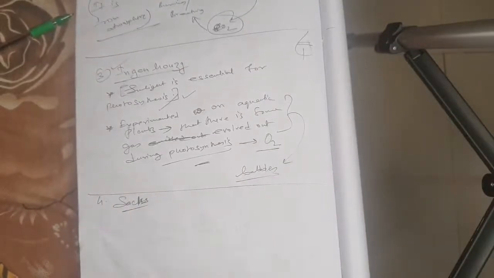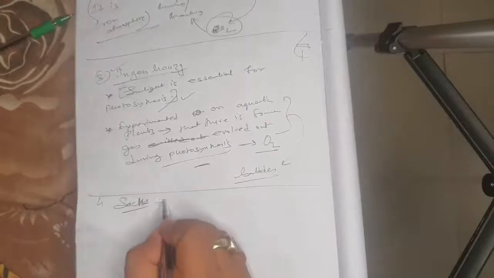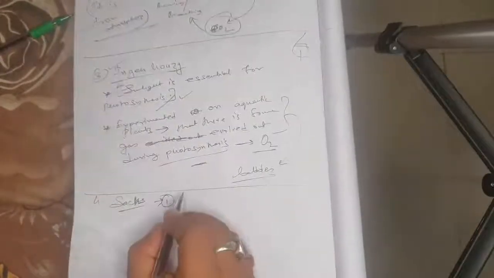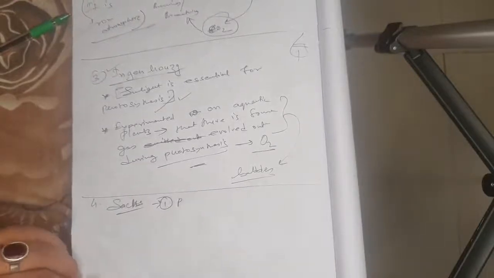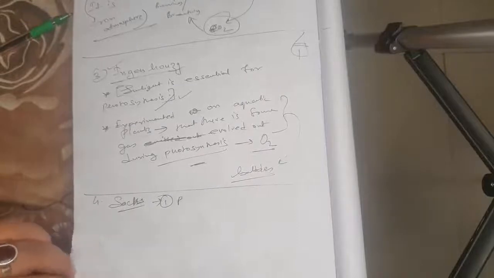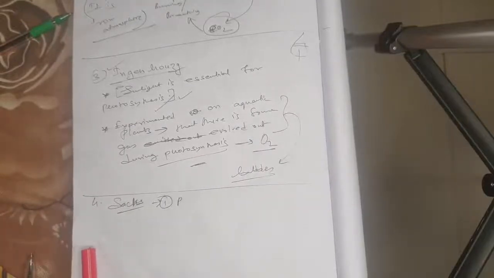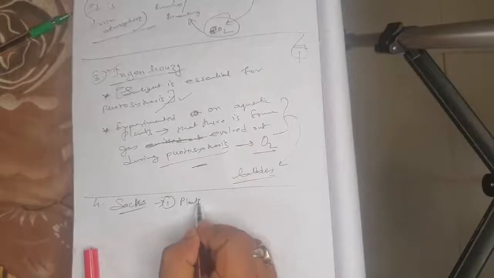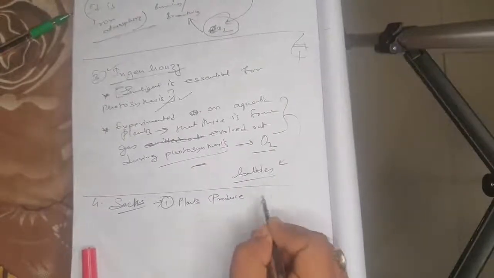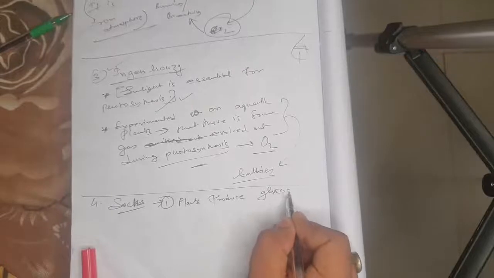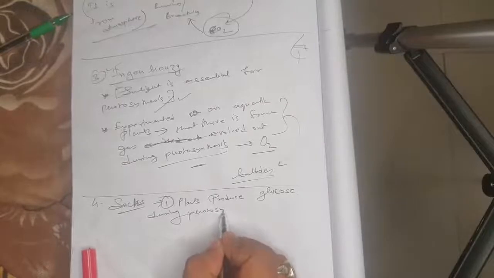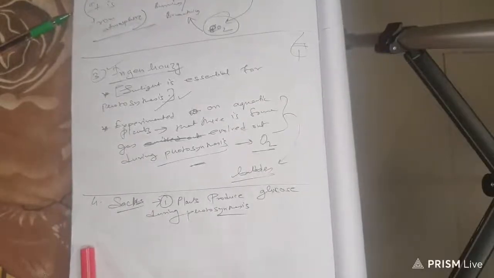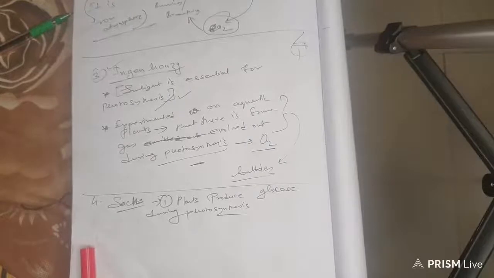Now he said plants produce glucose during photosynthesis. Plants produce glucose during photosynthesis. Okay, so this was said by Sachs.